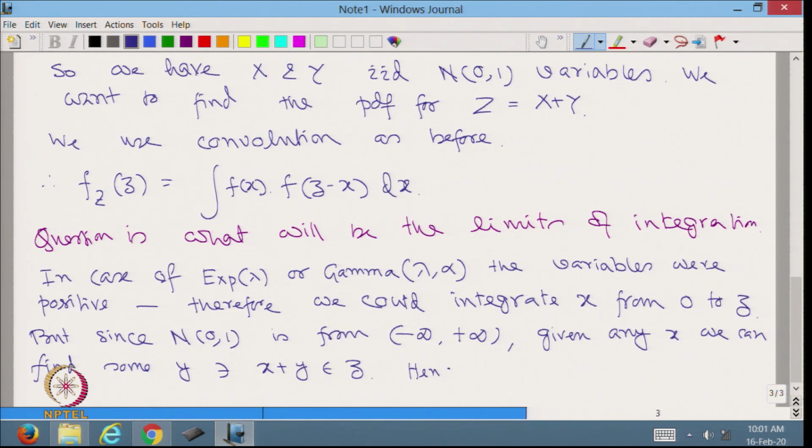Hence, here the limits are from minus infinity to plus infinity.